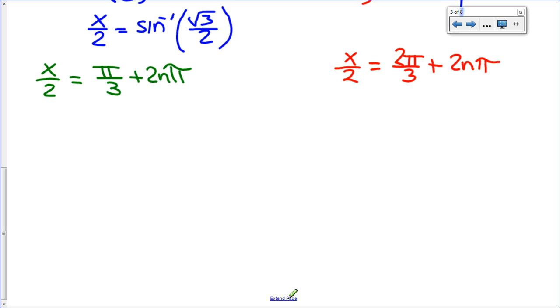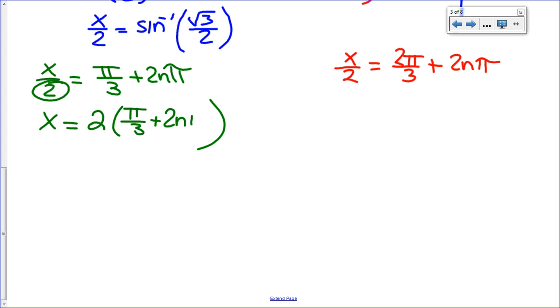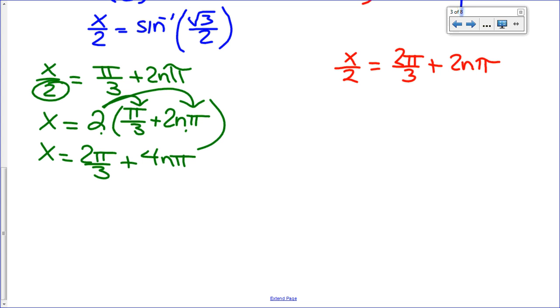Right here, this 2. Dividing. So if we want to isolate x, we are going to multiply by 2. Take this 2 across, and we'll do the inverse operation, so it will be 2 times all of this. And then we distribute the 2. Do you guys see what's going to happen when I multiply 2 times 2n pi? What am I going to get? 4n pi.